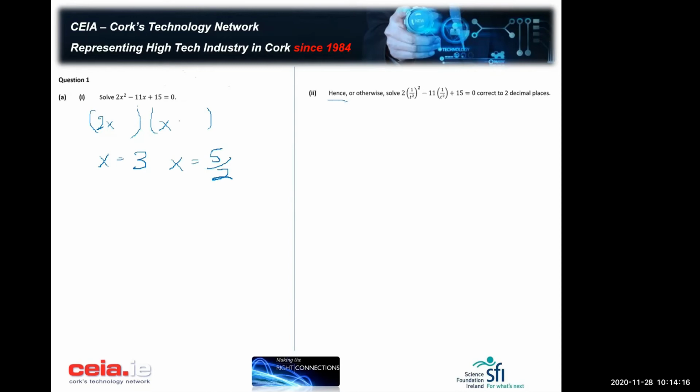If you look at the original one that you were given, you'll see that the equation formats are actually the same. That's the equivalent of 2x squared. That's the equivalent of minus 11x. And there's your plus 15.